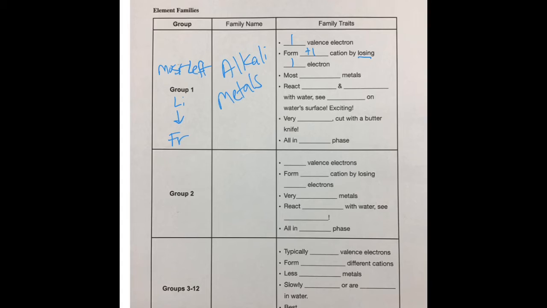Now, the alkali metals are special because they are the most active, or maybe you could use the word reactive, metals. So compared to all other metals, alkalis are the most active or reactive metals.